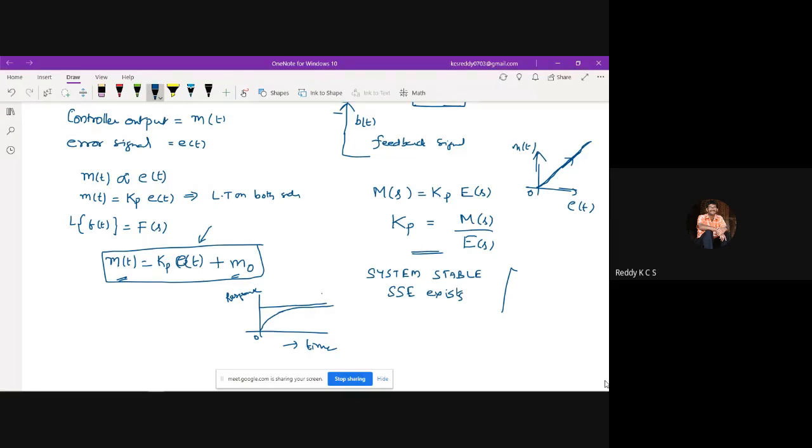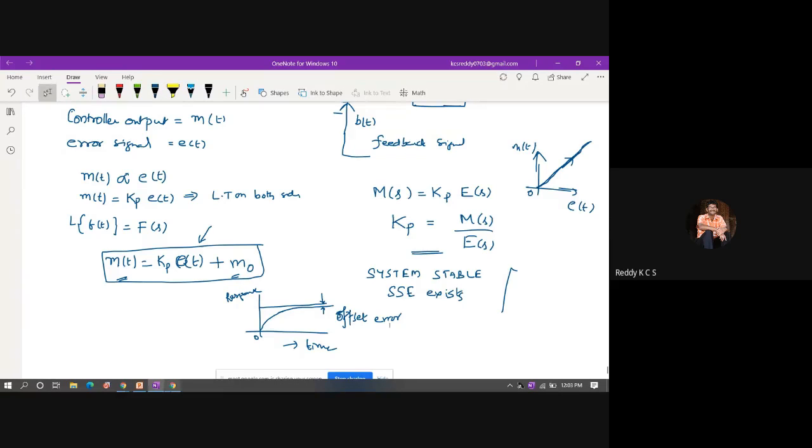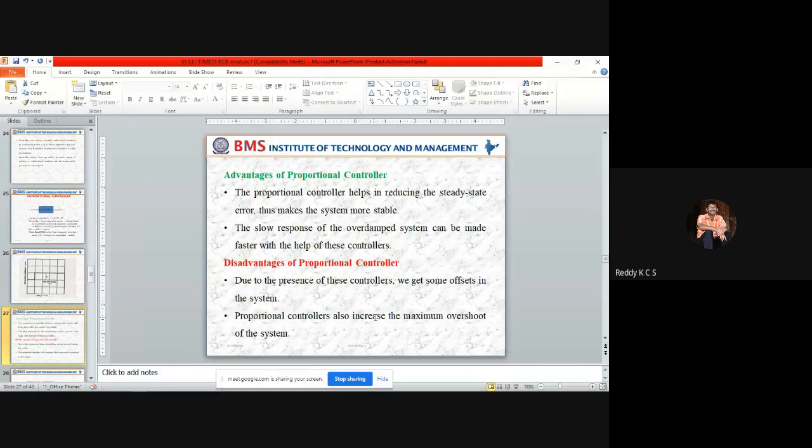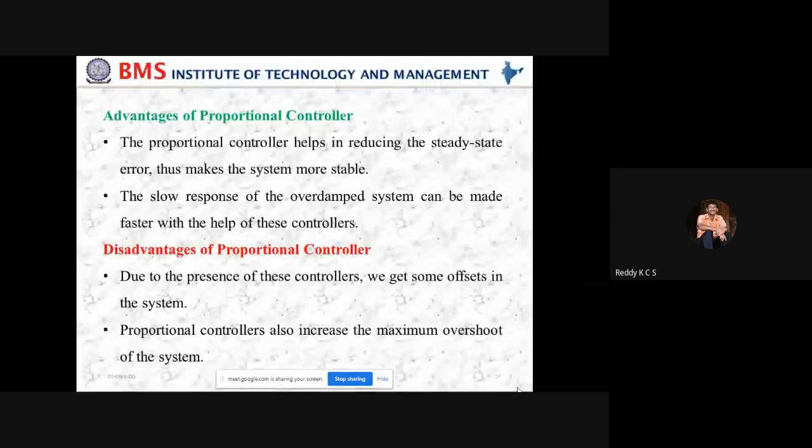Here, if you look, there is a small difference, which is called the steady state error or offset error. So the major disadvantage is that these proportional controllers always produce an offset error.